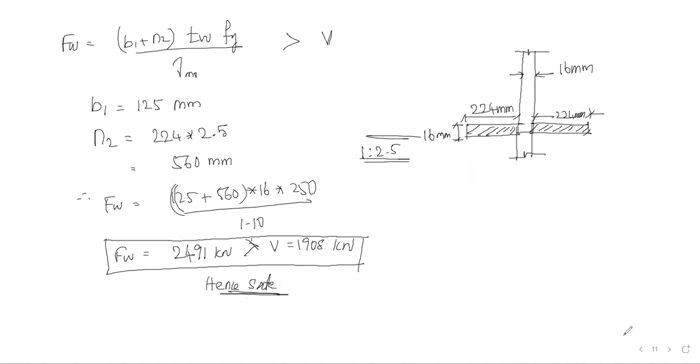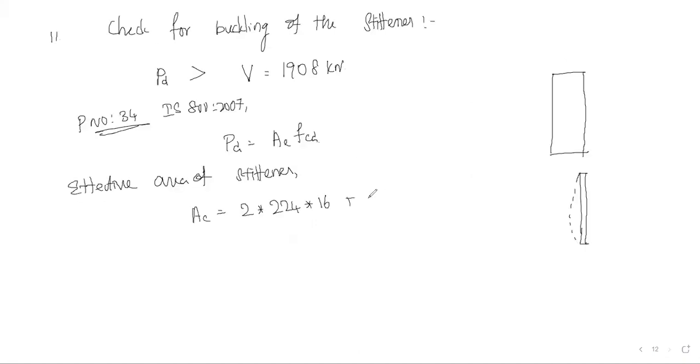Okay, so 2 into 20 into 16 multiplied with 60. So if I am going to have this value, the AE is equal to 17,408 mm squared.